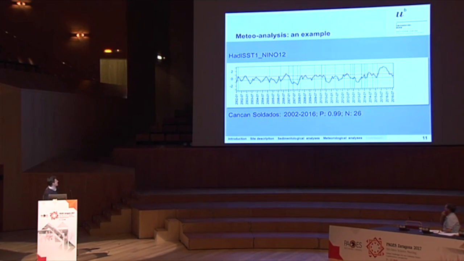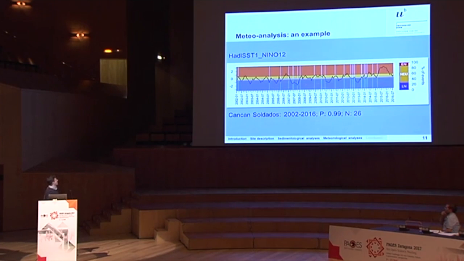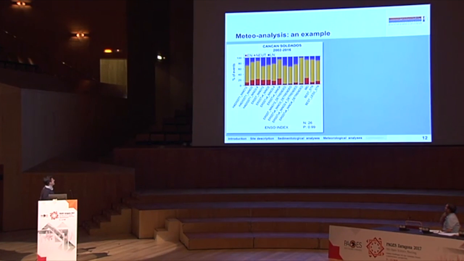And then we simply compared whether it was occurring during La Niña, neutral phase, or El Niño phase. So we counted 100% here as summing up the 26 events, and we just counted during which phase how many events occurred. This we did for all the 14 different ENSO indices.